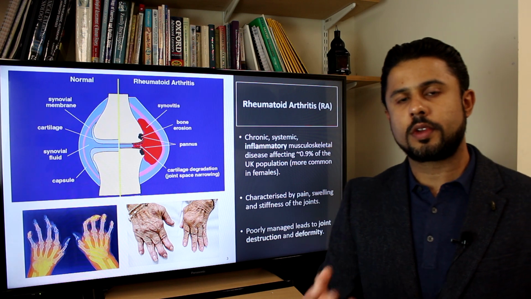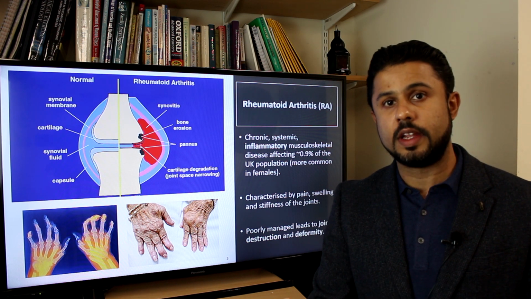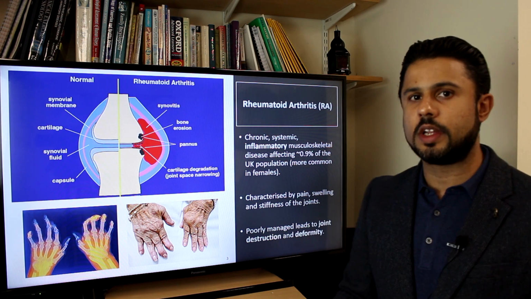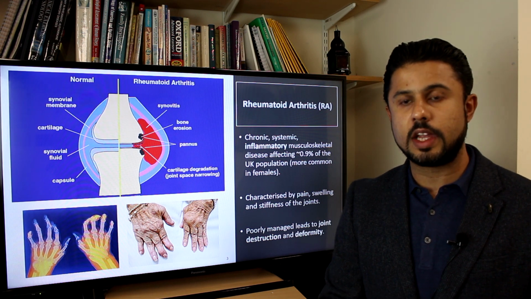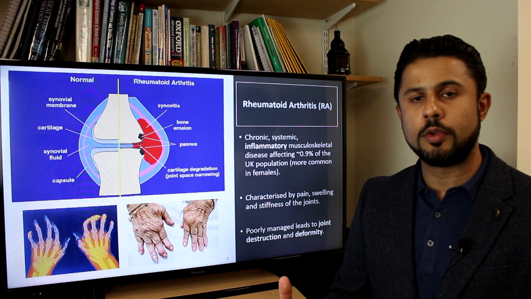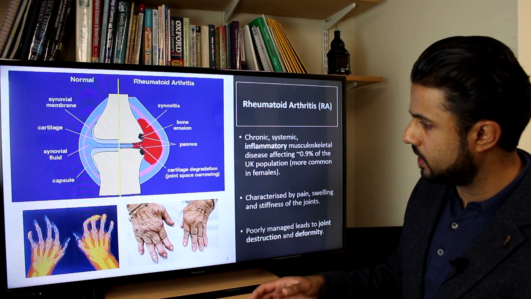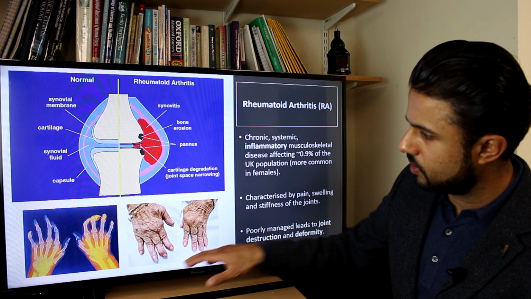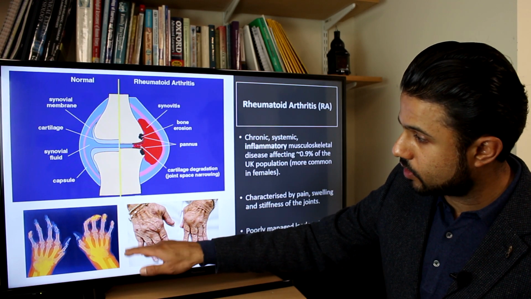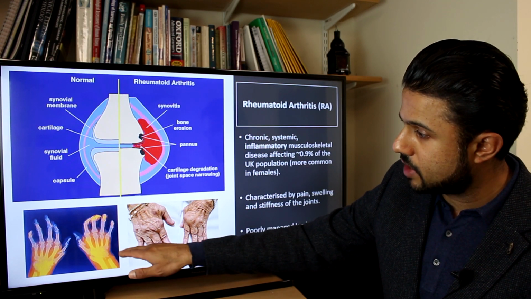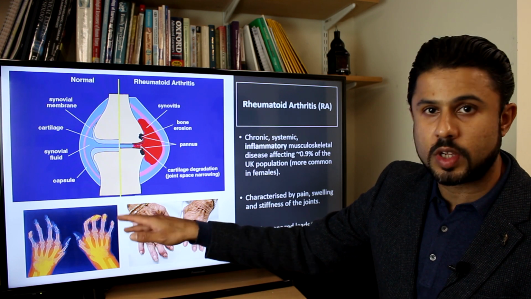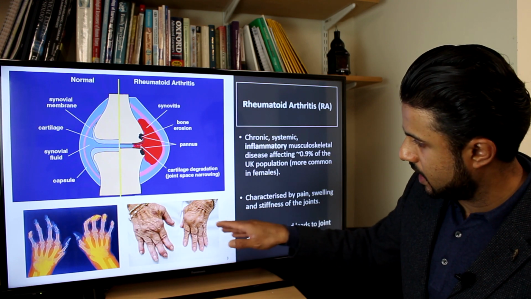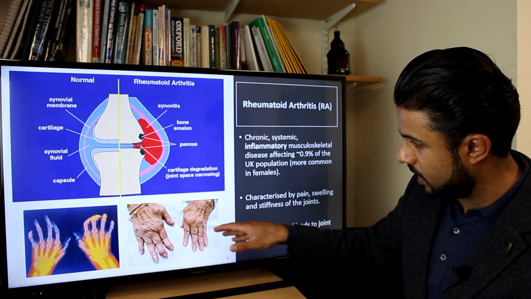Now, if the rheumatoid arthritis is not managed effectively, so if the patient is not put onto the right combination of anti-inflammatory medication, then over time you can get joint destruction and deformity. What we can see in the pictures here is an illustrative X-ray showing deformation and damage and erosion to the bones in the hand, and we can see that visually here as well.